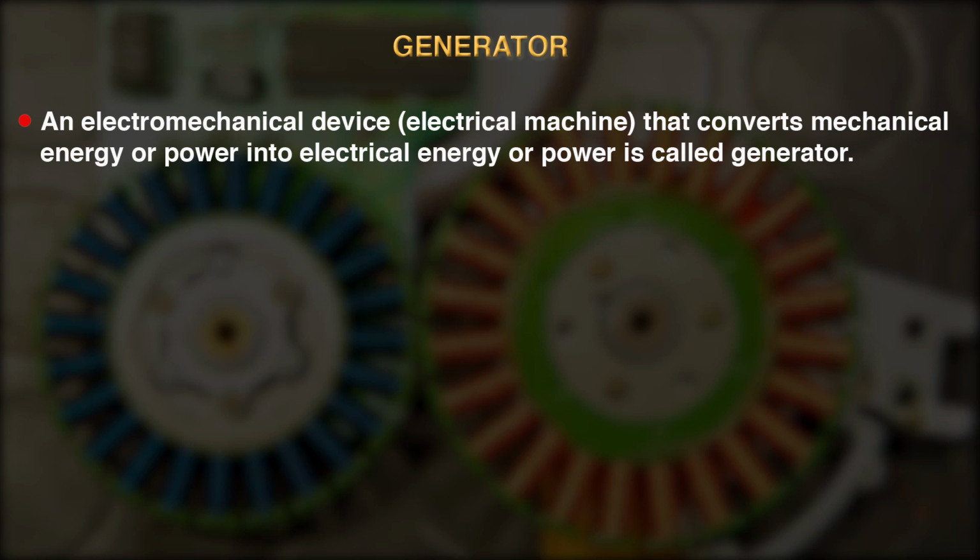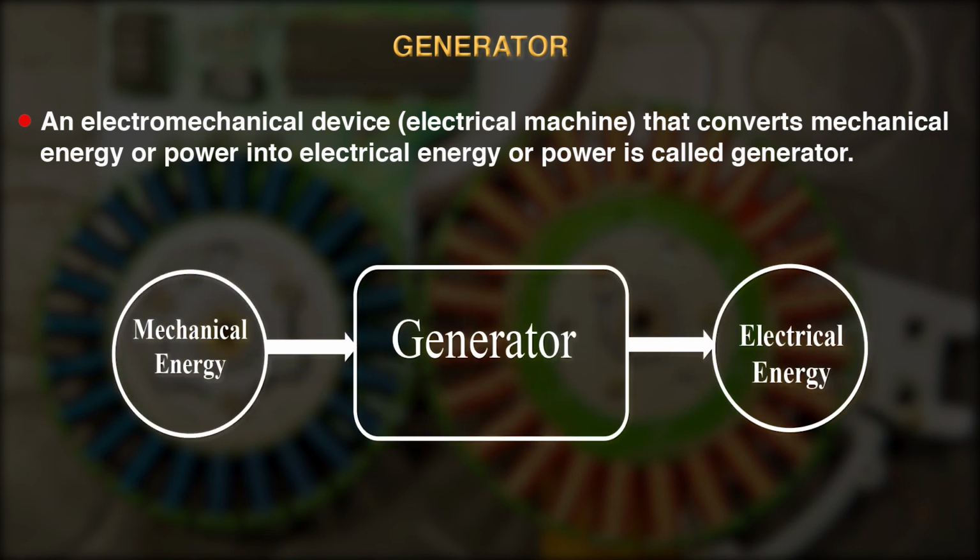Now we have to understand what a generator is. An electromechanical device, or electrical machine, that converts mechanical energy or power into electrical energy or power is called a generator. In the block diagram, the middle block is shown as a generator, where mechanical energy is converted into electrical energy.